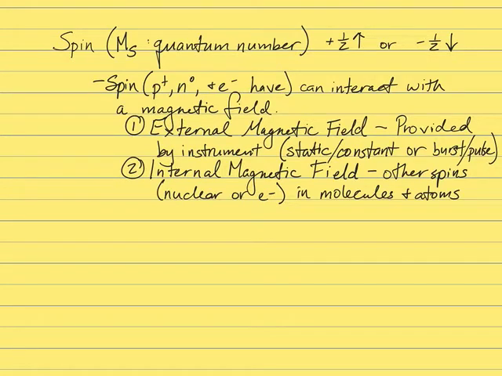One of the main requirements of NMR spectroscopy is that you need to have a net spin. Atoms that don't have a net spin aren't going to be NMR active.